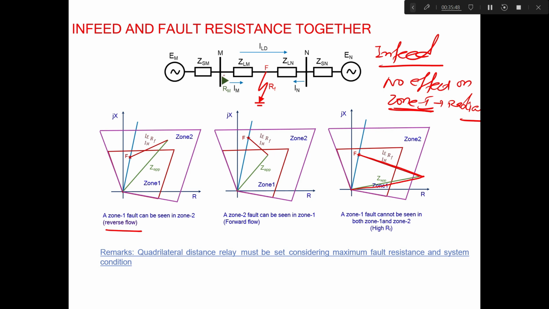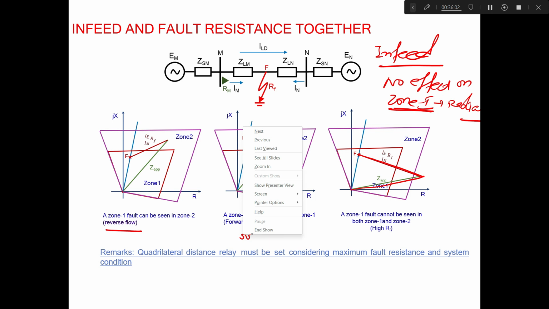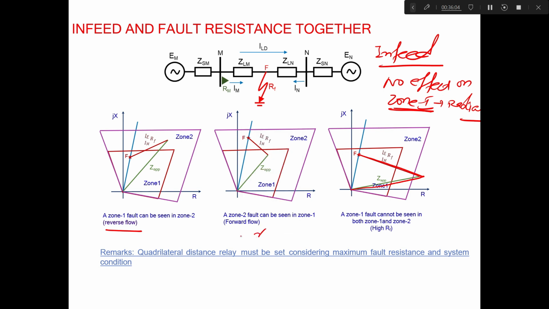Similarly, if power is being exported from one bus to bus N, or from local to remote end, and this is a fault involving high resistance, it might happen that the relay sees a fault of zone 2 in zone 1, and this is called the overreach problem. Your relay might also have an underreaching problem in which it sees a zone 1 fault in zone 2, and this generally happens with high resistance faults with pre-fault power import at our bus.